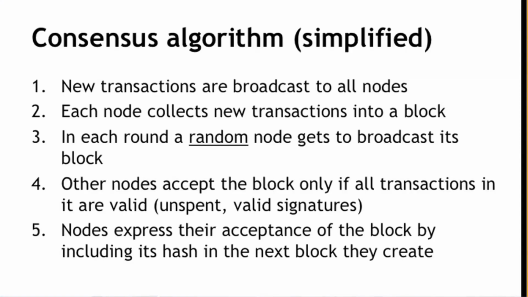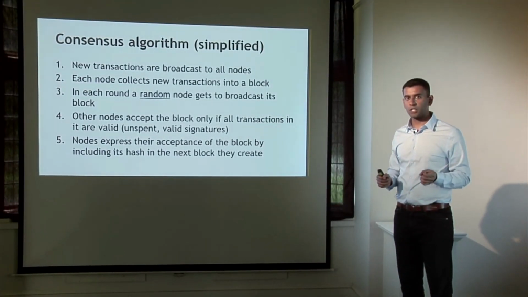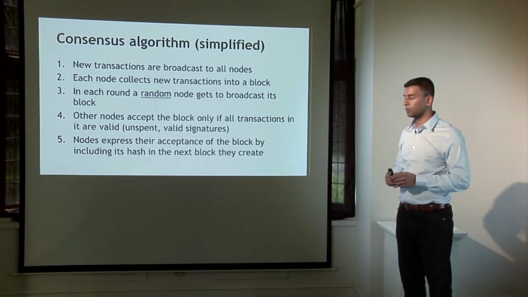So given this is what the overall consensus algorithm in Bitcoin is going to look like. Now, this is a little bit simplified, and the reason it's simplified is, again, that I'm assuming this magic random node selection process. But except for that simplification, this is pretty close to how Bitcoin actually works. So whenever Alice wants to pay Bob, she will create a transaction, and she will broadcast it to all of the nodes.